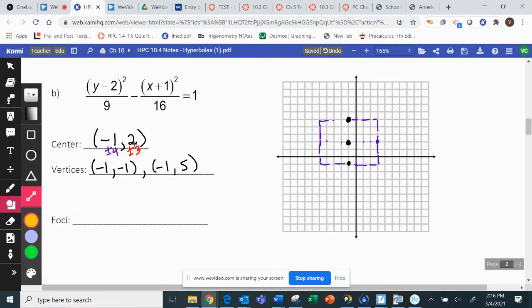So if I'm using this rectangle, I'm going to go up 3 over 4 or down 3 over 4. Make sure I cross through those corners.